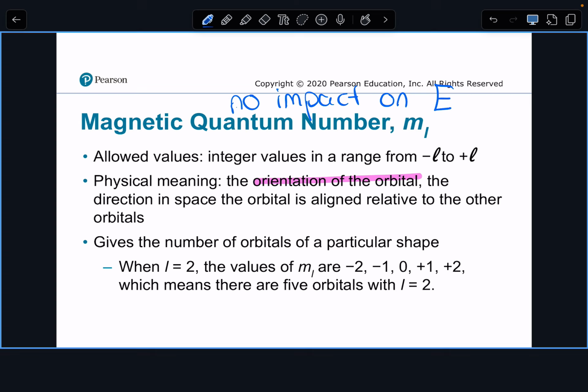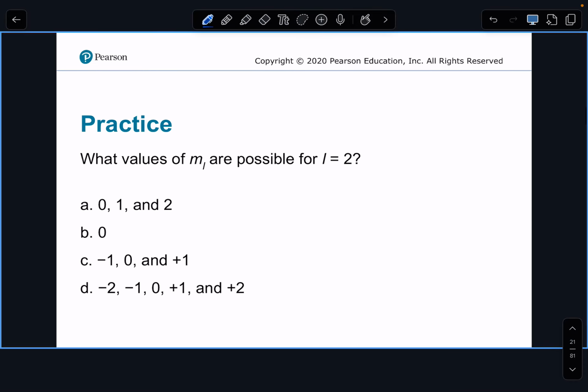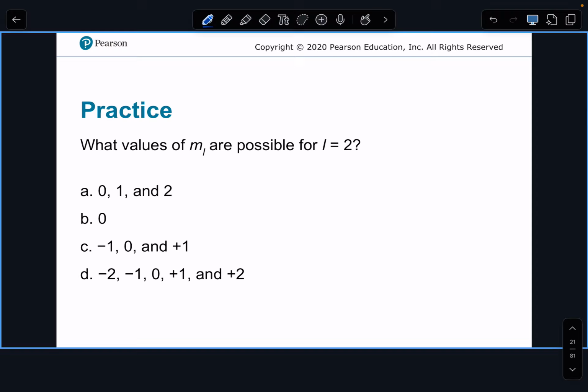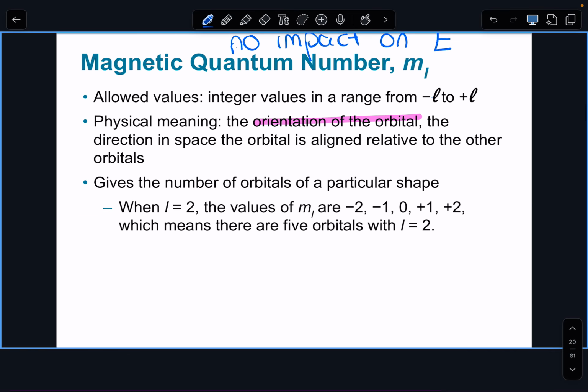Well, what about L equals 2? What's the next question on the next slide? Answer this and then we'll do it together. What are the possible M sub L values if L equals 2? Remembering that the range is listed up here, -L through +L.